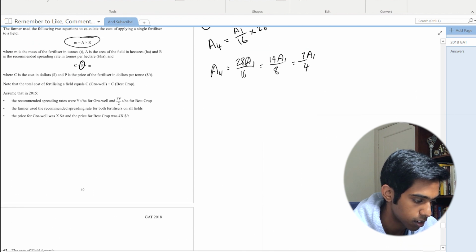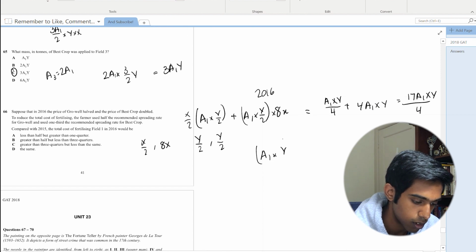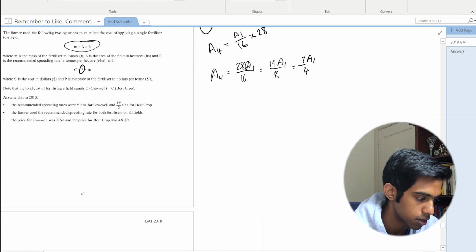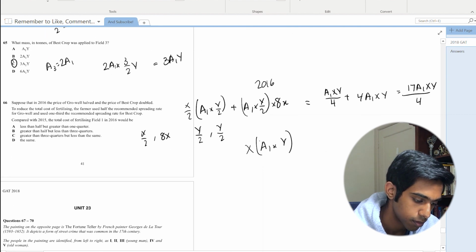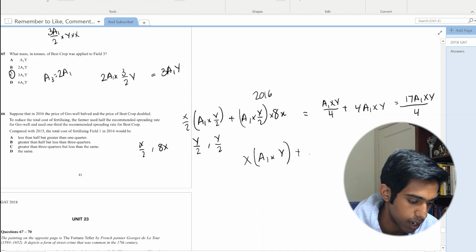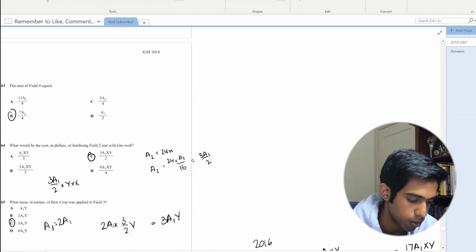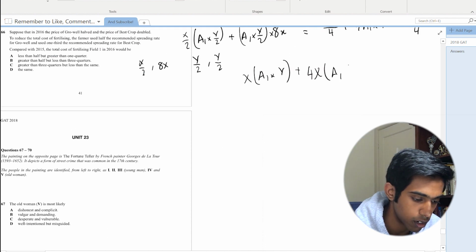I'm not sure if that's right. It's just times y. And we multiply this by the price, which is x, and then we add this to 4x by A1 times 3y on 2.